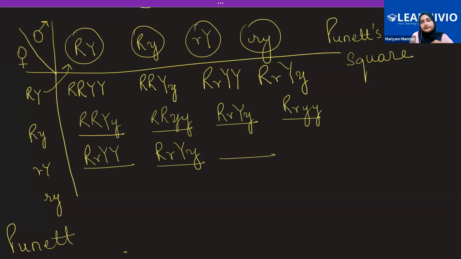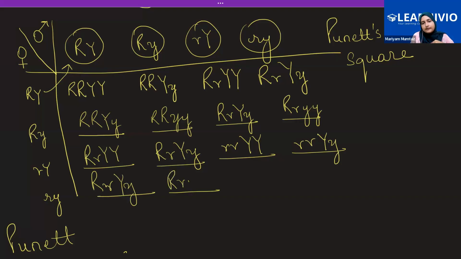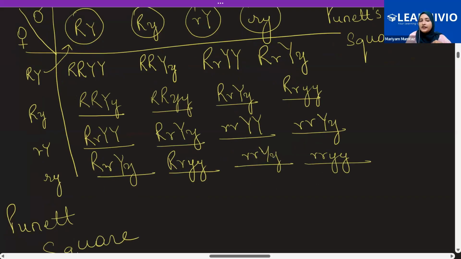Then small r, capital Y. Very good. Small r, capital Y, small y. Capital R, capital Y, small y. Capital R, small y, small y. Small r, capital Y, small y. Small r, small y. Okay, so these are the possible genotypes that you've got for the F2 generation.